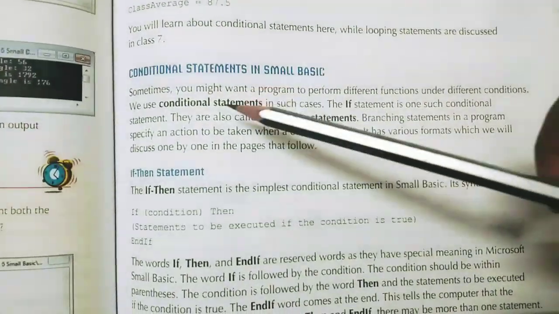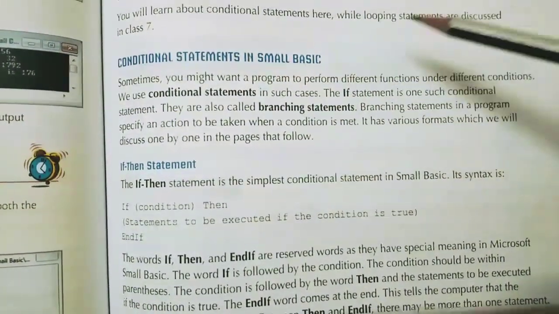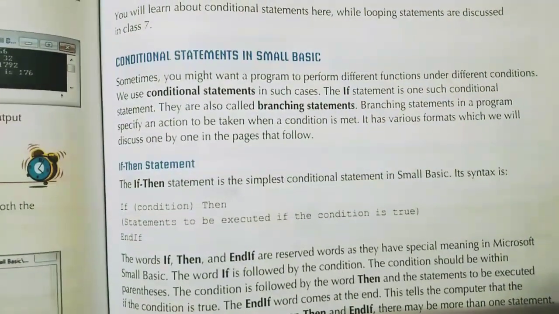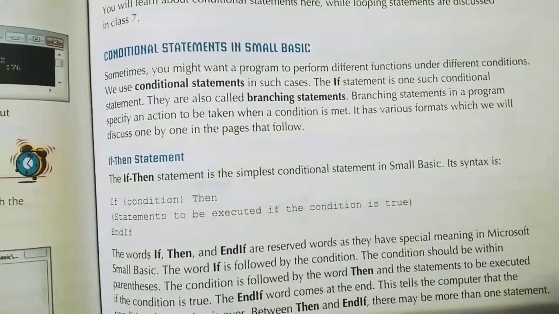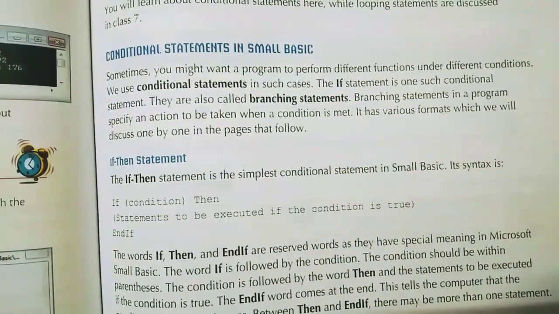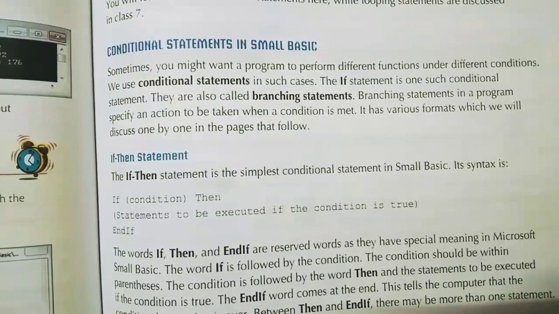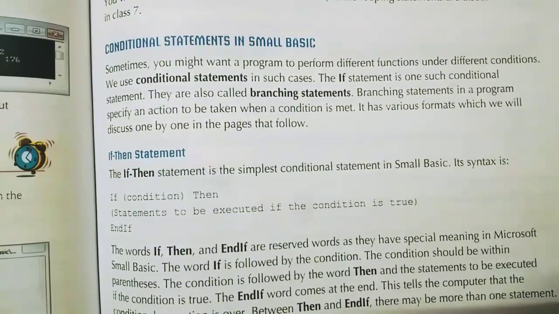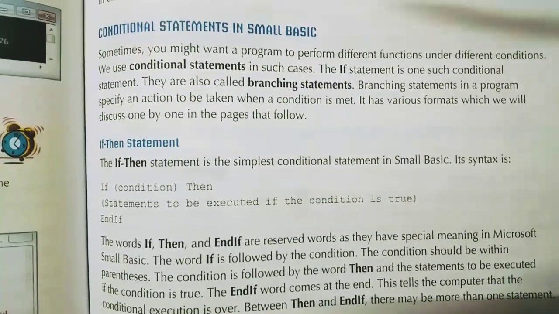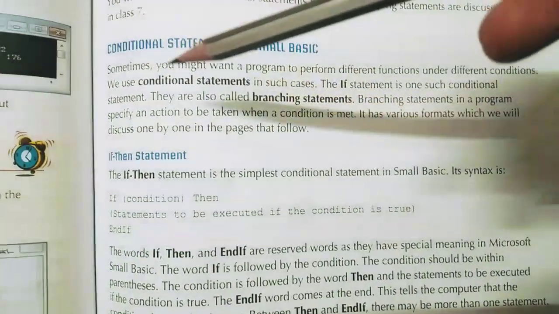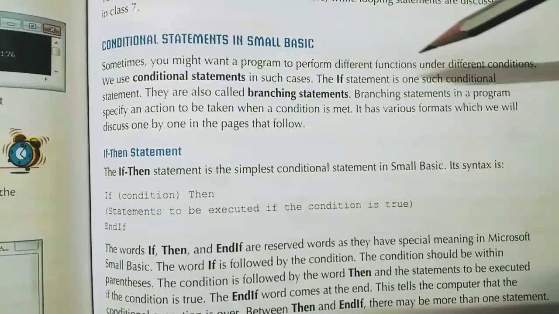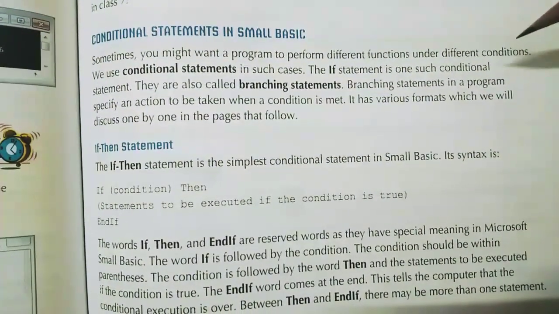Next see conditional statements in Small Basic. So what are called conditional? Generally you know some conditions are there in a statement, in a sentence. You have seen in grammar also, if is used for any condition statements. So here also for condition statements if is used. Sometimes you might want a program to perform different functions under different conditions.